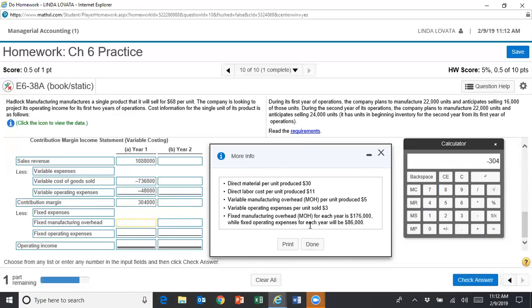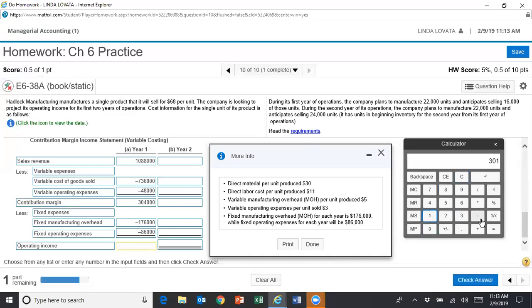My fixed overhead then, these are the totals, minus the 176, minus the 86. All right. So again, since that's a minus, I actually can plus, but I think that's going to screw you up. So we'll go ahead and do it this way.